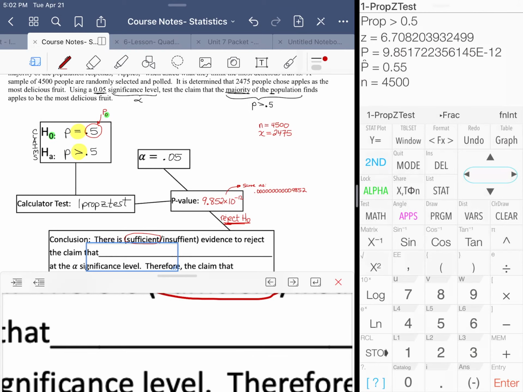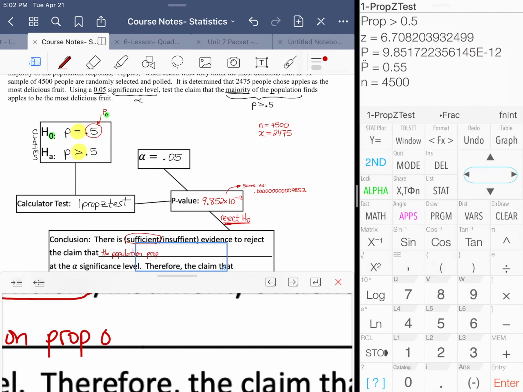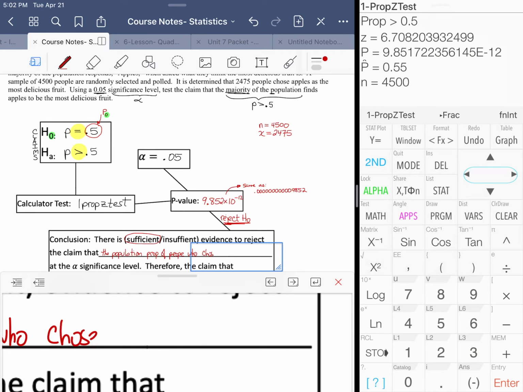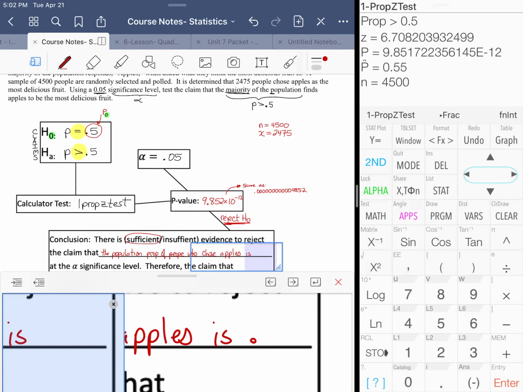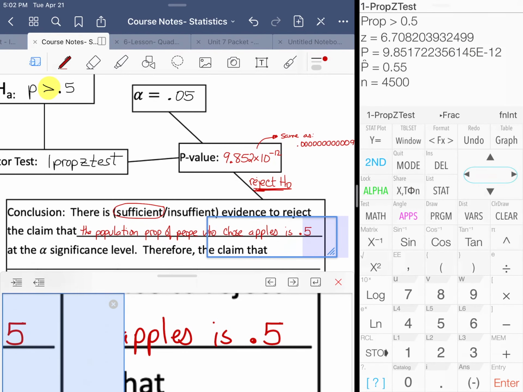Whatever the null hypothesis is in words, we address that first. The population proportion of people who chose apples is 0.5. So that's the null hypothesis in words.